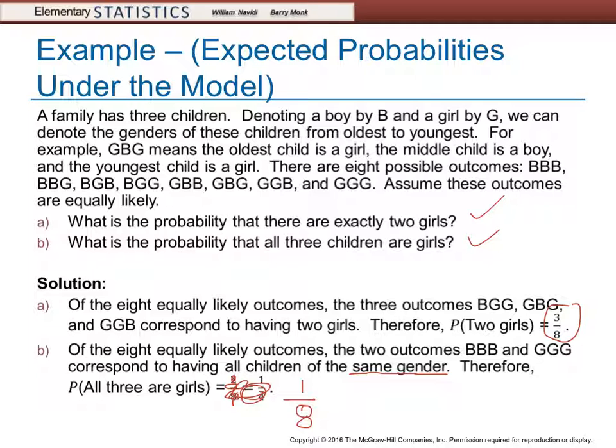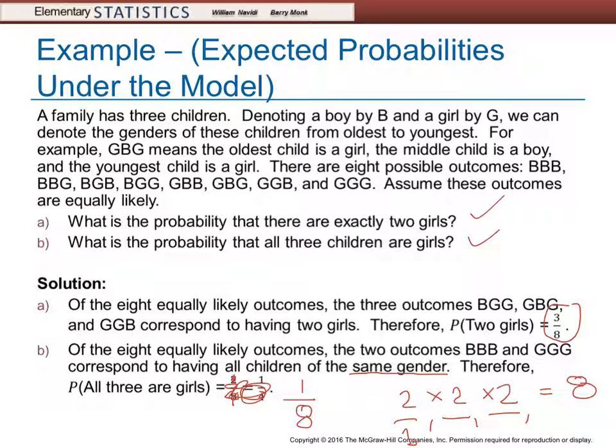In general, if things are equally likely to occur, we can count for each space that we have. If there are 2 possible outcomes in the first event, 2 possible outcomes in the second event, and 2 possible outcomes in the third event, we can just multiply these and get the sample space of 8.